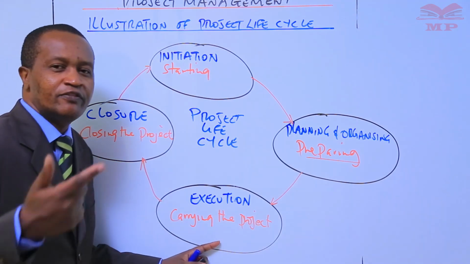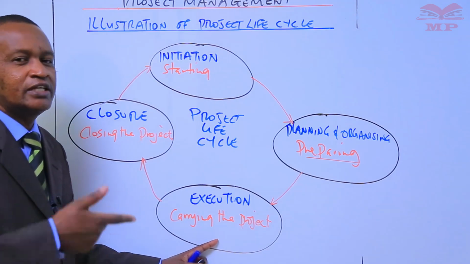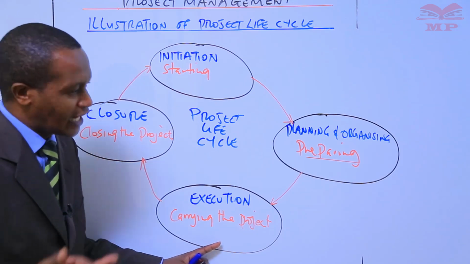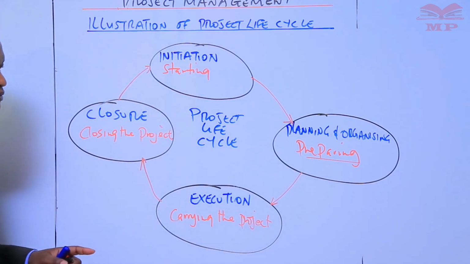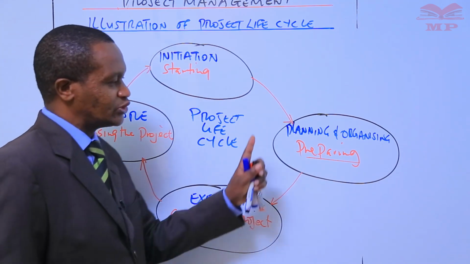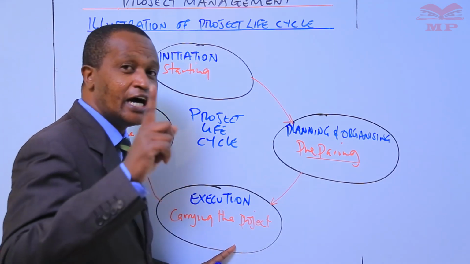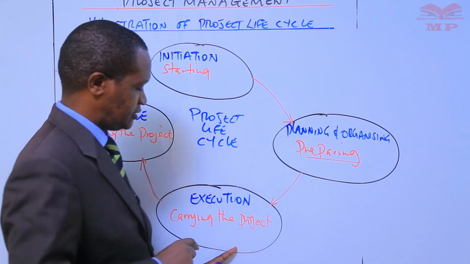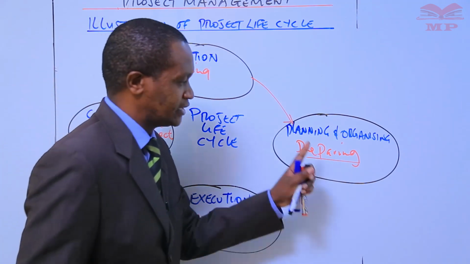And the work and efforts of the team members during the execution phase is just derived from the project plan. So the work is done according to the plan. Building according to the plan. Carrying out the project according to the plan.